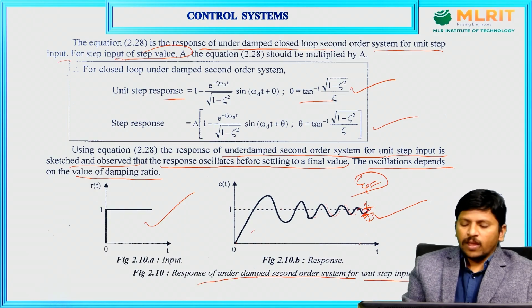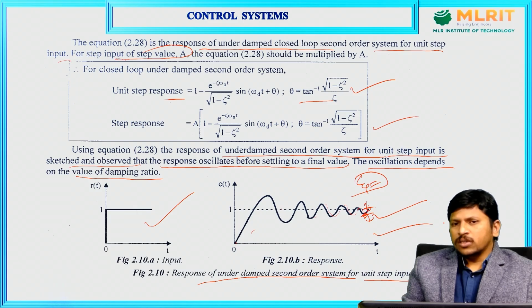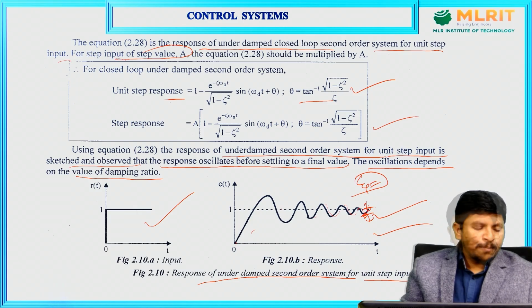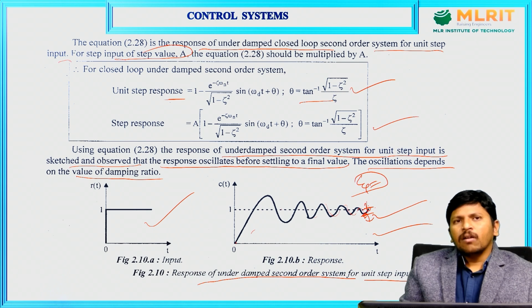This is the graph or output of the second order underdamped system for unit step input. This is about the transient or time response of the second order underdamped closed loop system for unit step input, right? I hope you understood every point.